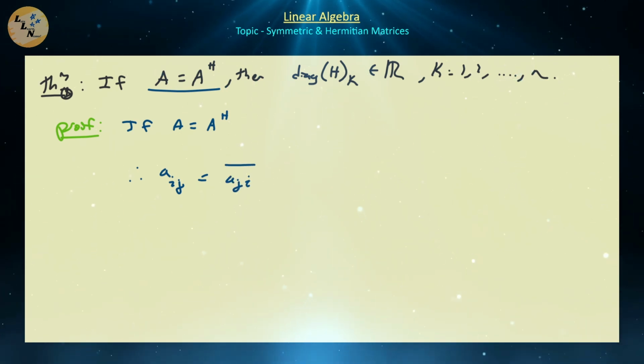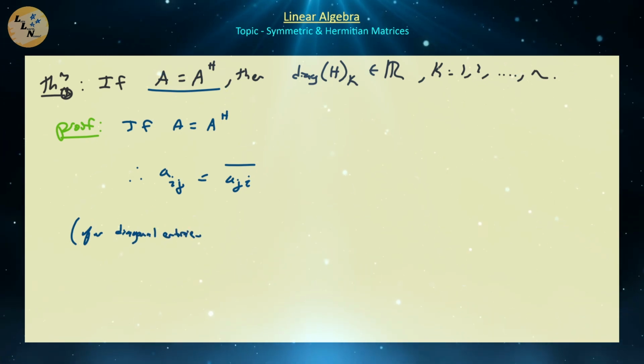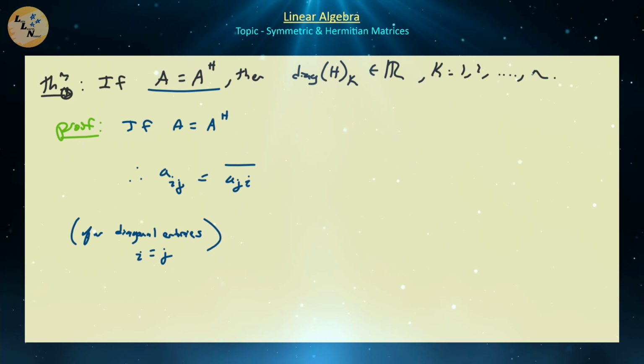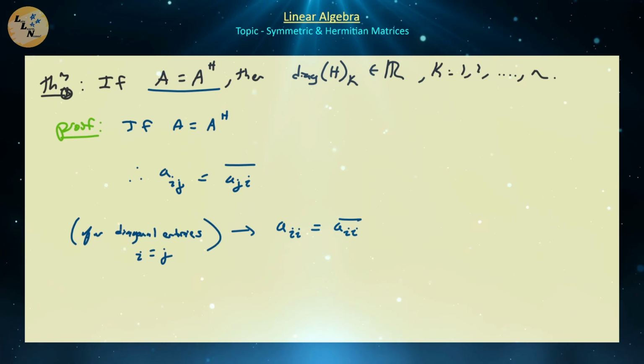So the transposition and the conjugate, right? And for diagonal entries, that means i is equal to j, right? Because when i is not equal to j, those are the off-diagonal entries. So that means a_ii is going to be equal to the conjugate of a_ii, right?